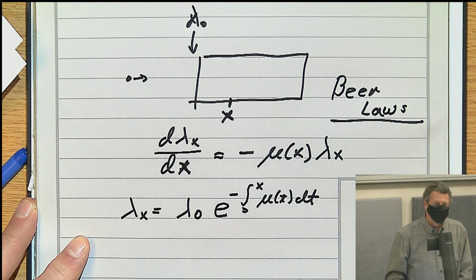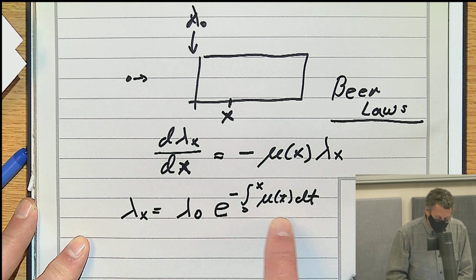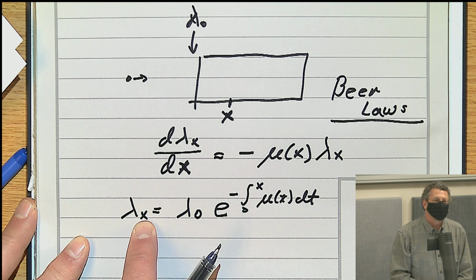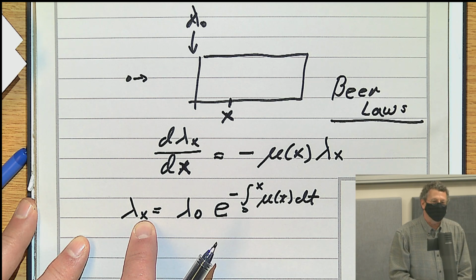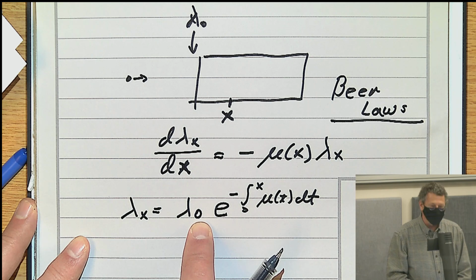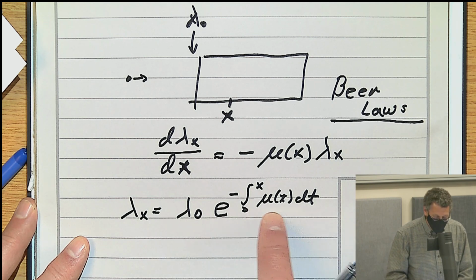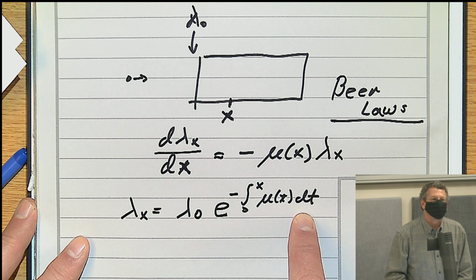But this is sort of a minor generalization of Beer's law. So the important thing here is that your measurement is actually lambda x. This is the number of photons you detect, and this is the number of photons you put in. So you can say, well, how do you measure lambda 0? Well, you can get that through a calibration procedure. And then, okay, this is what you really needed to know.